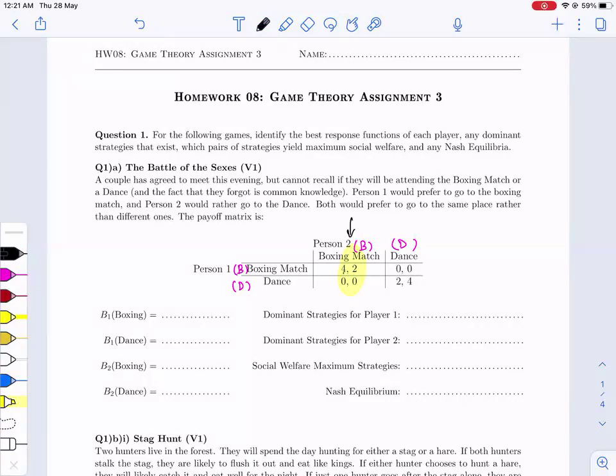So compare 4 and 0, the first numbers, which are the payoffs for person 1, and 4 is bigger than 0. So this corresponds to the best response for person 1, given that person 2 decides to go for the boxing match. So best response for boxing is boxing.